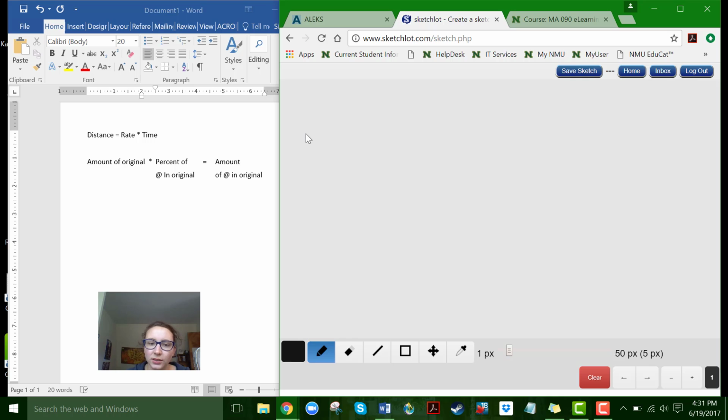We know that the runner starts here and travels for 1 hour at 6 miles per hour. Okay, so this is the beginning of the trail. So let's say she gets here, that's 6 miles. So she's traveling 6 miles because she takes 1 hour to get there.